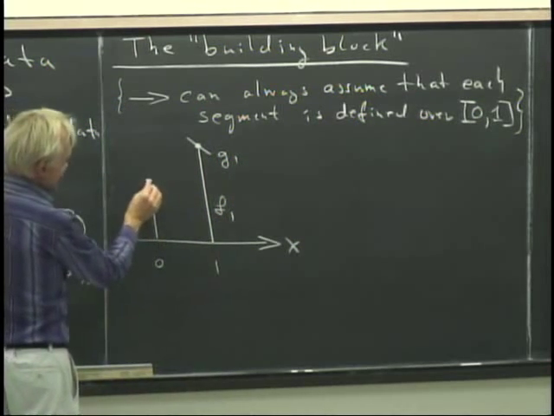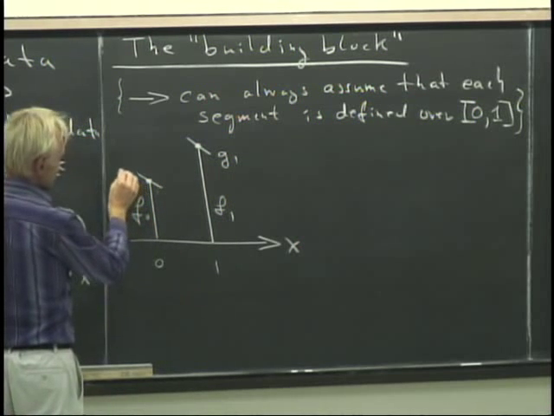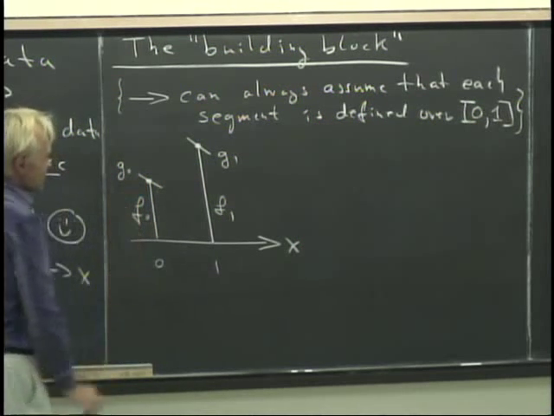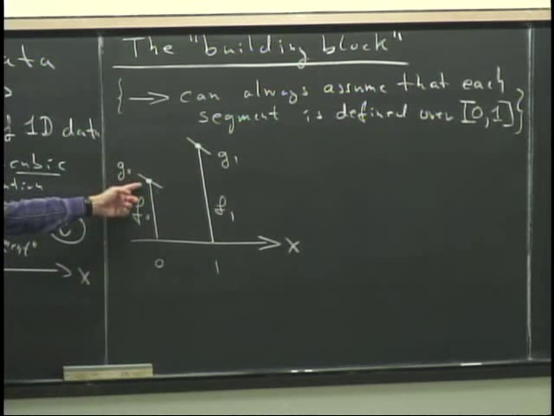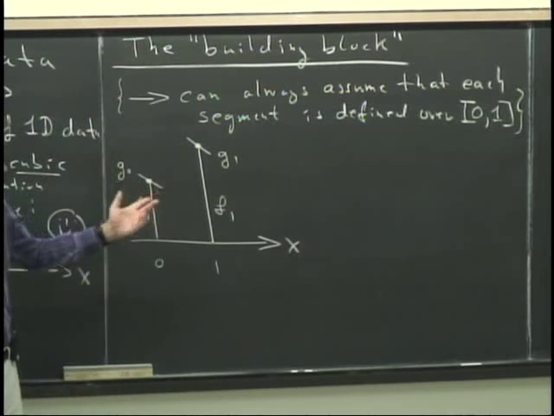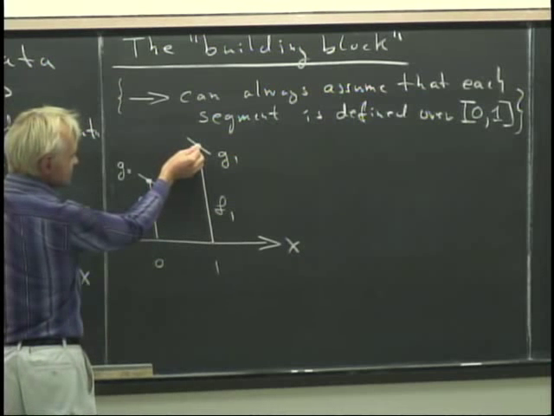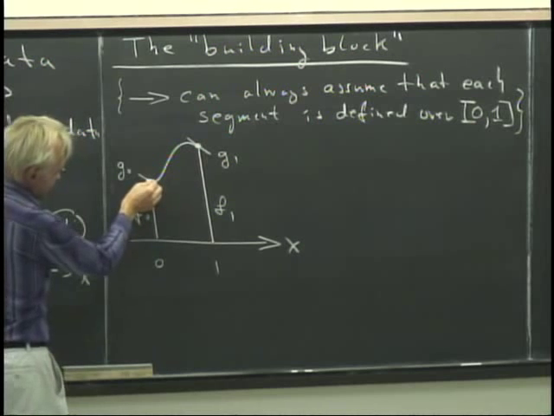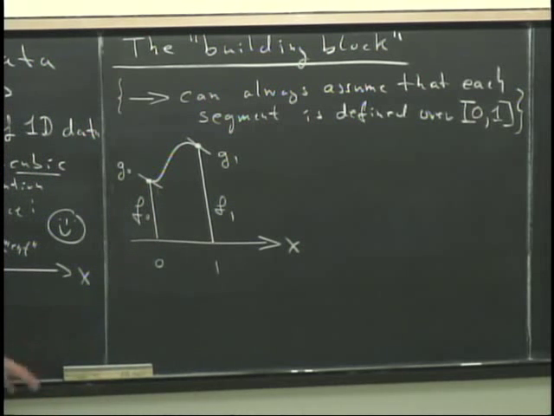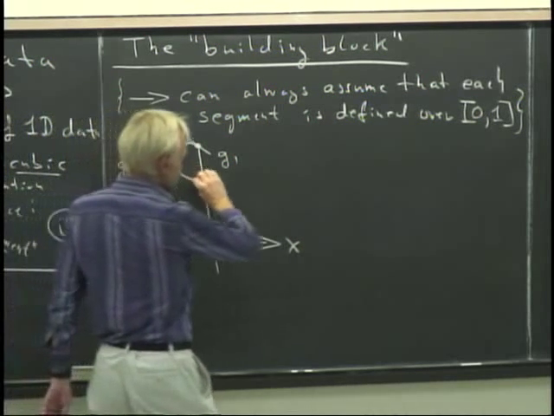And I also specify a gradient or slope here, and I call this G0. What will the cubic curve look like that interpolates to these 4 pieces of information? Well, it will look like this, something like that. Okay, so this is that cubic curve.